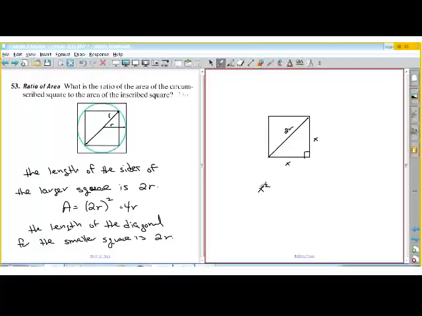So if I use the Pythagorean theorem for this right triangle, x squared plus x squared is equal to 2r squared. So 2r is the hypotenuse of the triangle, and x is the length of the two sides. So I get 2x squared is equal to 4r squared. And what I want to do is solve for x, because that'll allow me to calculate the area of this inside square.